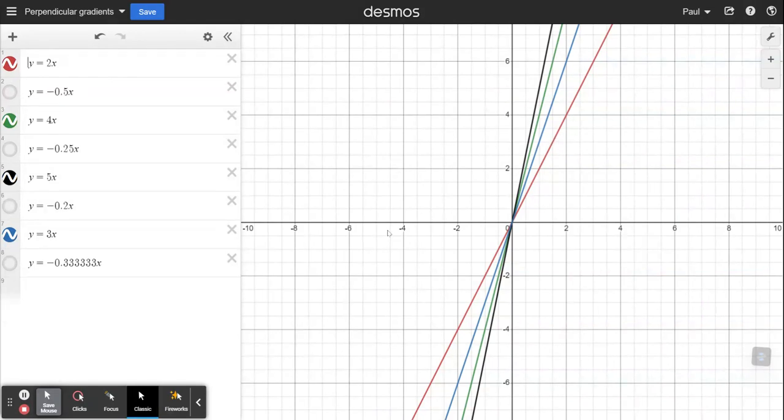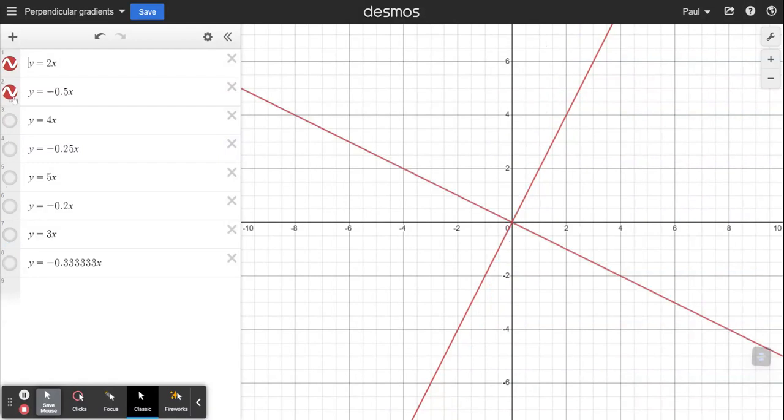Okay, right. So how do we identify what a perpendicular line would be? We'll just focus on the two red lines. Of course, the perpendicular line is going to have a negative gradient, because one's going from bottom left to top right, and one's going from top left to bottom right.